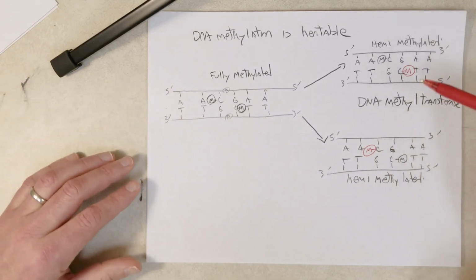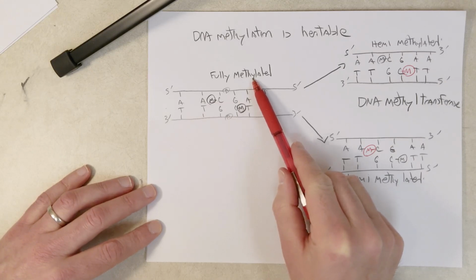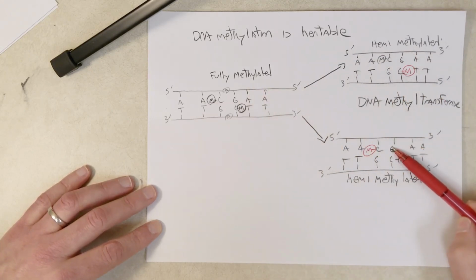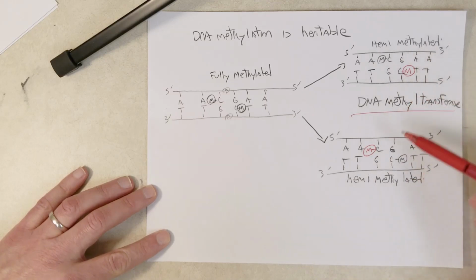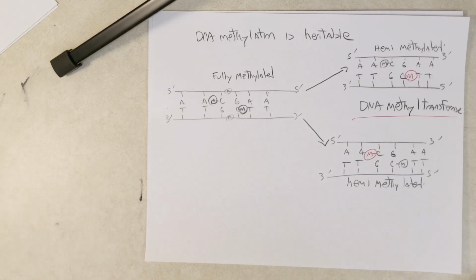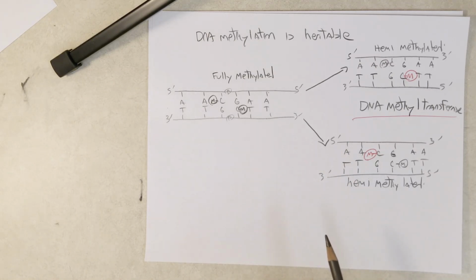So that's why DNA methylation is heritable. The fully methylated sequences become hemimethylated after replication, but then a DNA methyltransferase comes in, looks for the hemimethylated sequences, and turns them into fully methylated sequences. So once methylated, a DNA molecule tends to stay methylated by maintenance methylation.